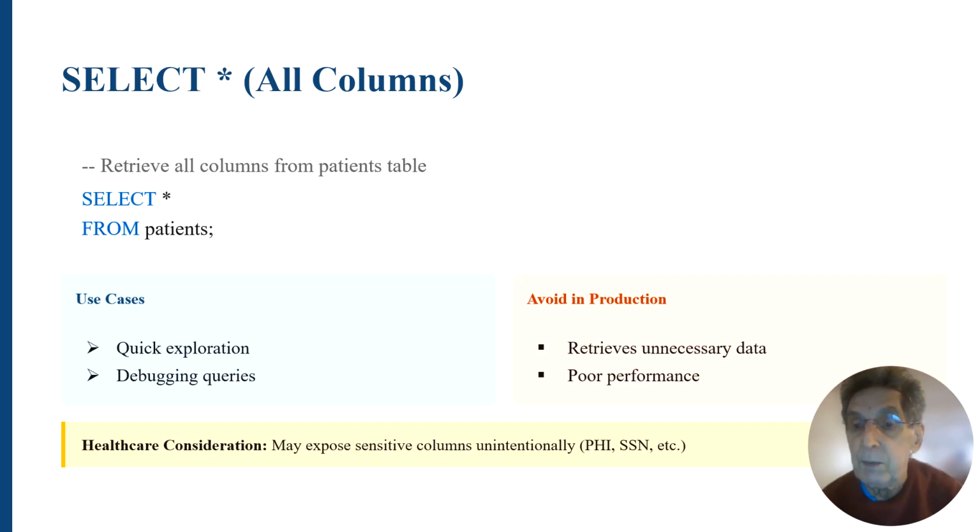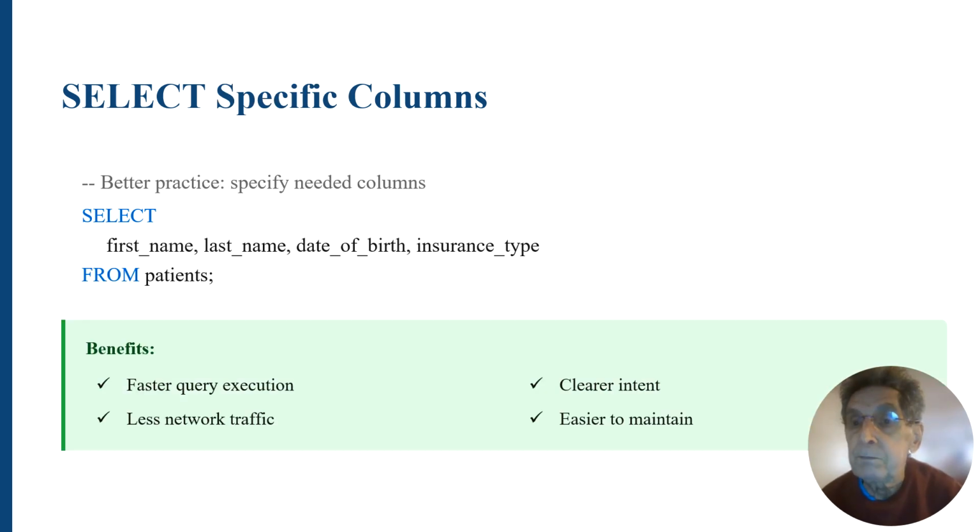The patient's table might have social security numbers, or detailed addresses, or other protected health information. If you select star, all of that comes along for the ride. Being explicit about which columns you need is a form of data minimalization, which is a core principle of HIPAA compliance.